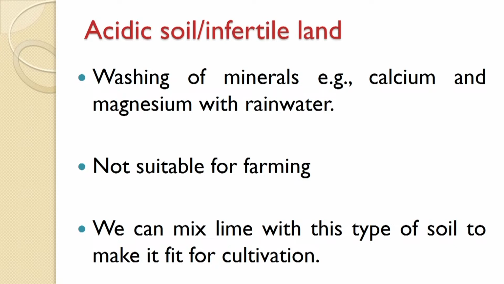As a result, when the calcium and magnesium are washed down, there will be a higher proportion of aluminium and iron, and due to this washing away, the pH of the soil will be lowered. So for this reason the acidic soil is also named as a problematic soil.